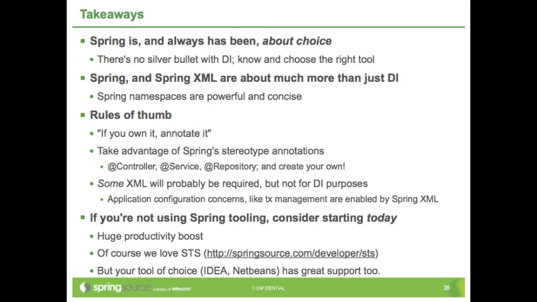Rules of thumb. One thing that you can kind of carry around in your head is that if you own it, if you wrote the class, consider annotating it with annotations like @Component and @Autowired, or the JSR 330 annotation. Why? Because it reaps all those development benefits, speed of development, and so on. Take advantage of what we call the stereotype annotations.